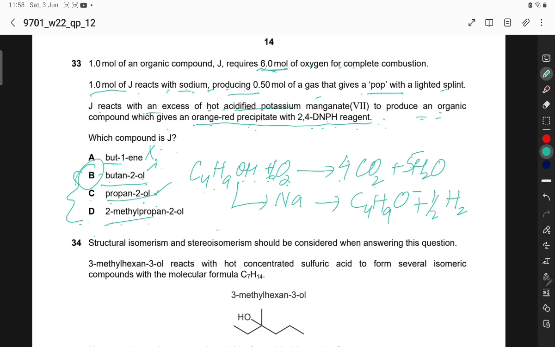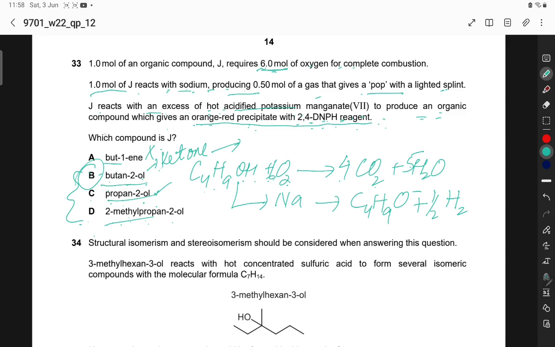Butan-2-ol, when J reacts with excess, gives a ketone, not an aldehyde. It is the ketone which gives a positive test with 2,4-DNPH.